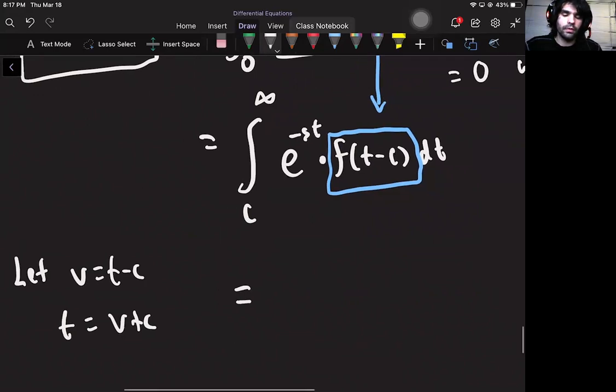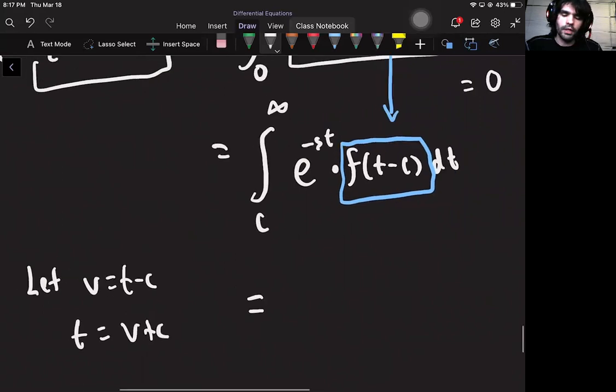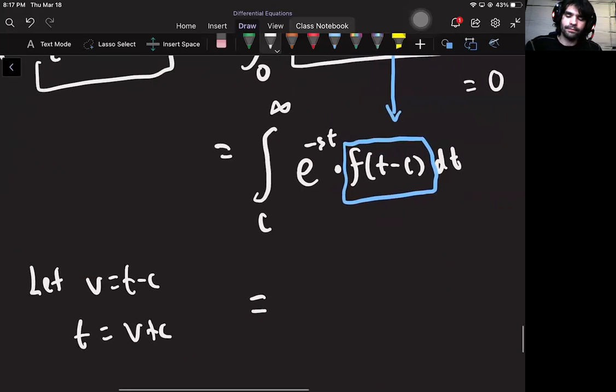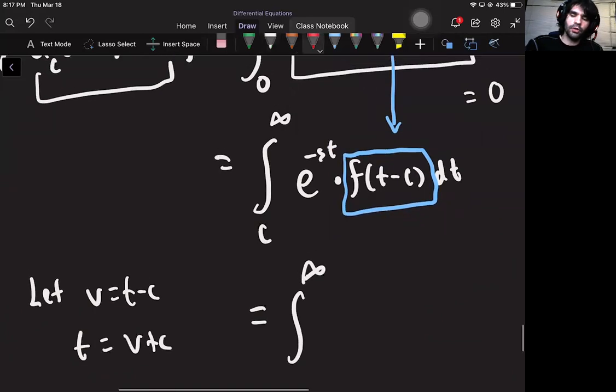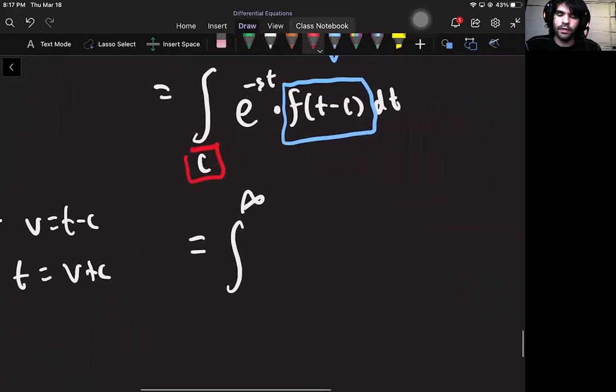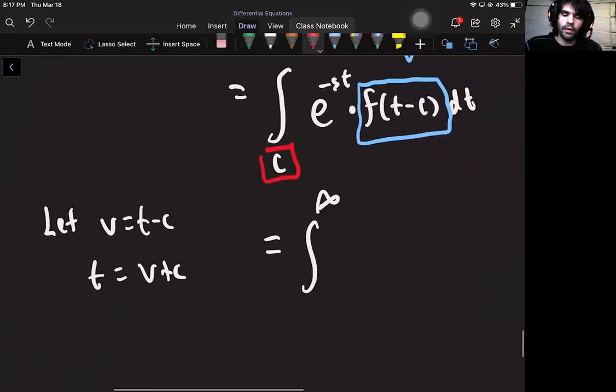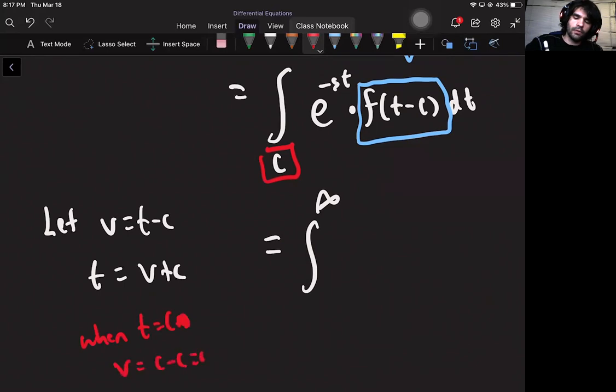What is v starting at? Remember, you have to change your limits of integration. So what does c become when I change everything to v's? When t equals c, v equals c minus c equals 0.